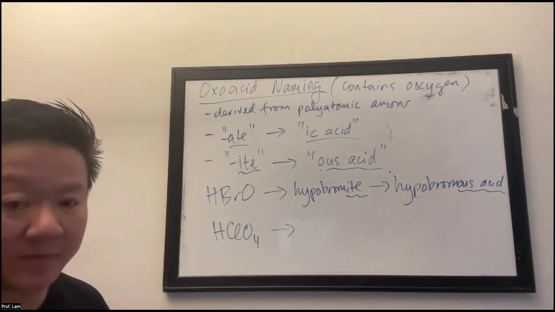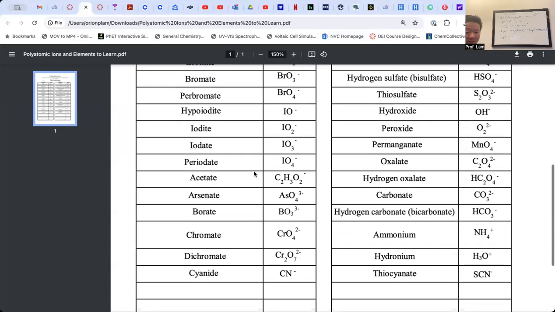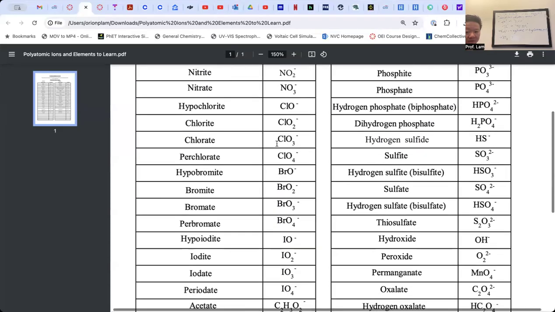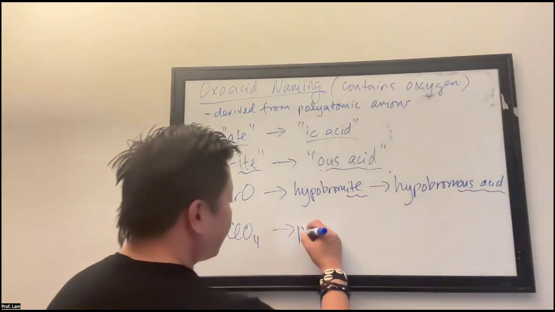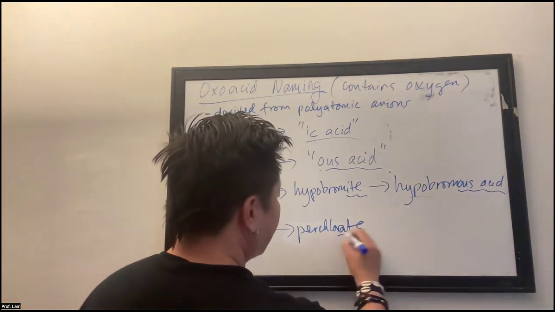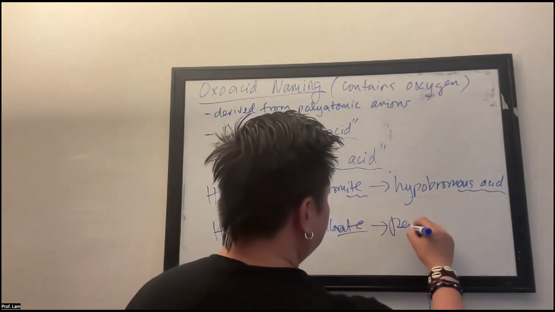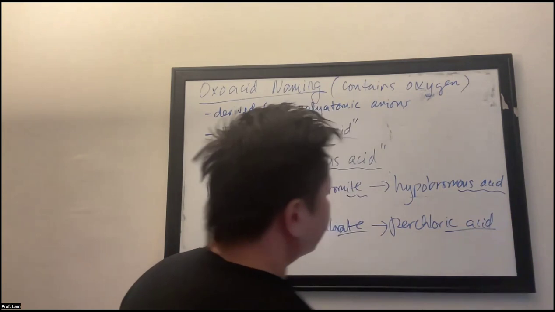HClO4. Okay, so we'll look up ClO4. ClO4, we see that it is negative and it's called perchlorate. Perchlorate. So that ate is going to turn into ic acid.